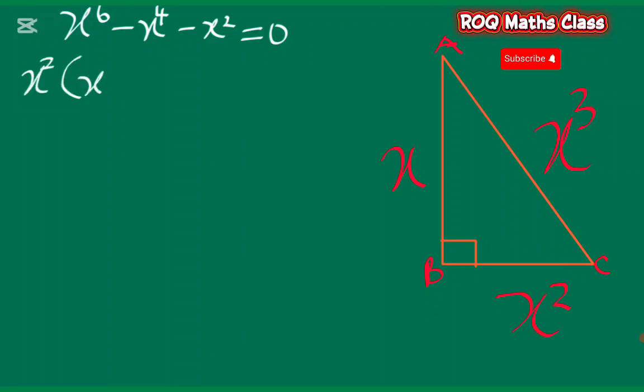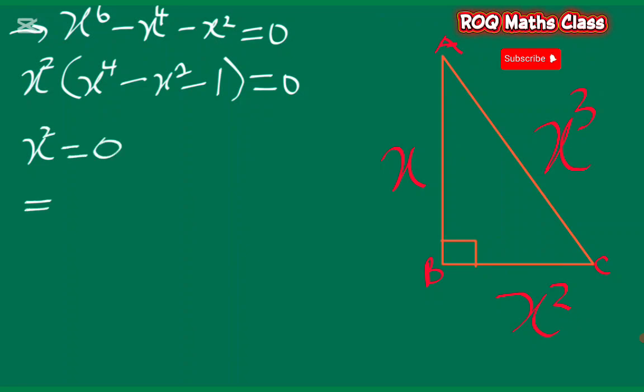So we have x to the power of 4 minus x to the power of 2 minus 1 equals 0. The reason is that x squared is common among the parts we have above. So x to the power of 2 is equal to 0.